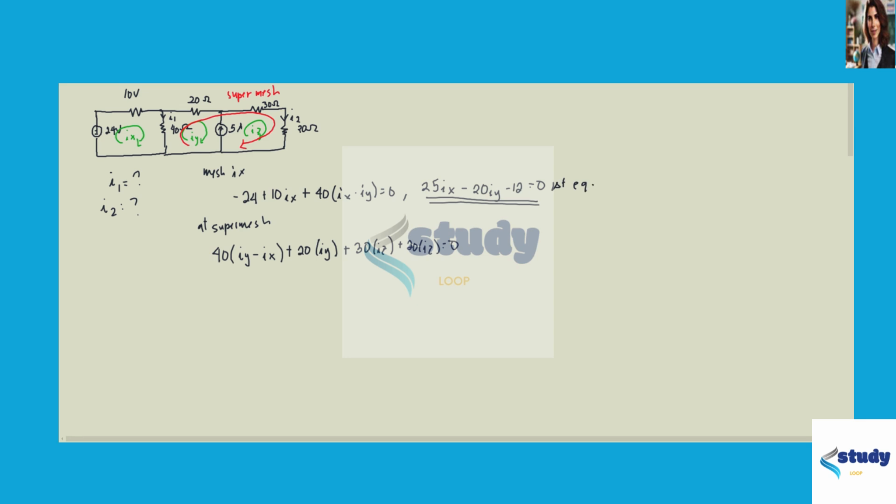For the super mesh, we could simplify it as 40 Iy minus 40 Ix plus 20 Iy plus 50 Iz equals 0, or 6 Iy minus 4 Ix plus 5 Iz equals 0. Now this is our second equation.